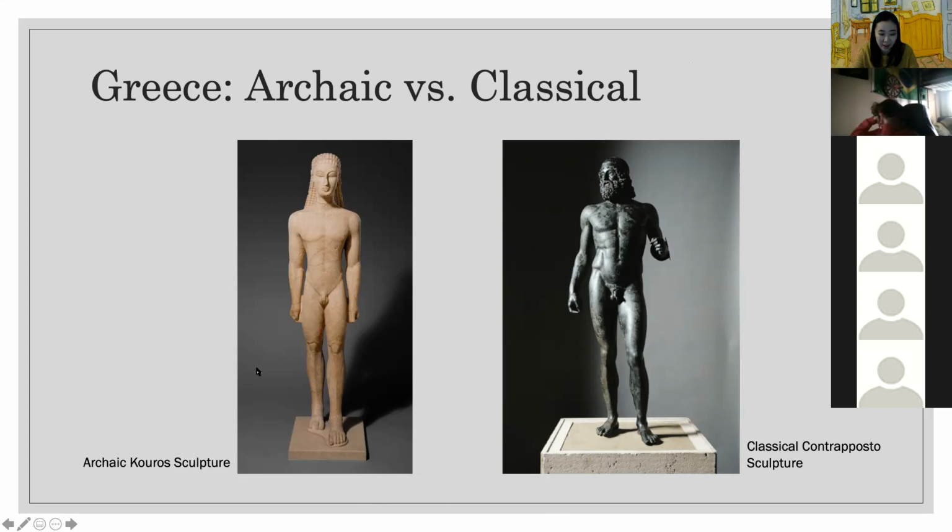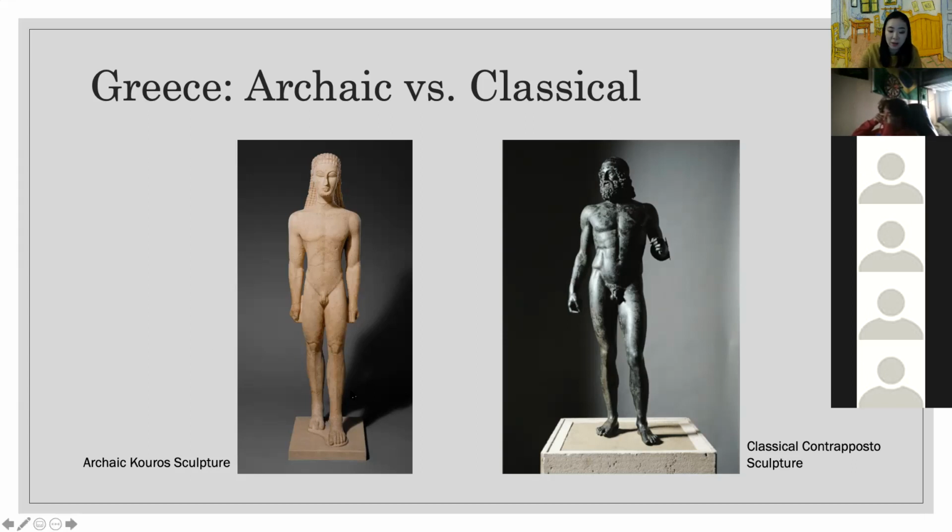So again, the left one is the archaic Kouros sculpture, and it was an amazing achievement to create a freestanding human sculpture at that time. But despite the great progress, it still looks unnatural and less detailed, and the movement is very limited.